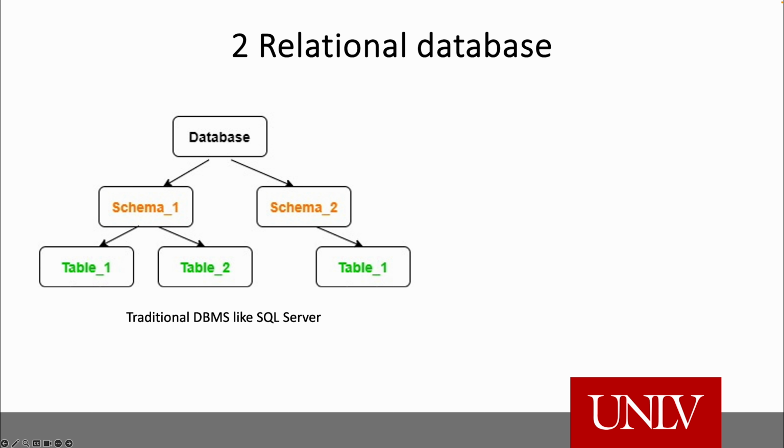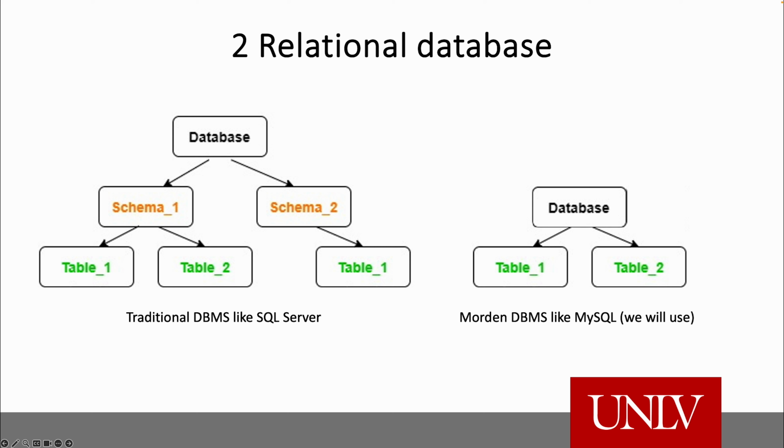It helps keep things organized, especially when different users or applications are using the same system. But in MySQL, which is the database system we will use in this course, things are a bit different. In MySQL, the terms schema and database mean the same thing. So when you create a schema, you're basically just creating a database. And when you create a database, you are actually creating a schema. So all the tables go directly into the specific database.